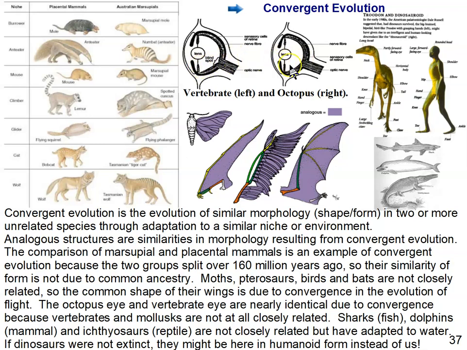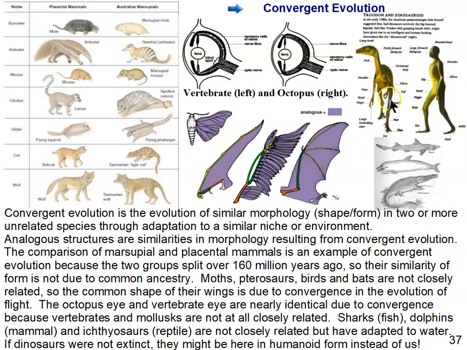And both eyes have evolved to have that same structure because both of these kinds of organisms or species need to be able to form a nice, clear image. So they've converged. And then finally, this is an extreme example, and it's a science fiction kind of example, that if dinosaurs had not gone extinct, the ones that were bipedal, walking on two legs, may have evolved to become more humanoid-like, because we wouldn't be here.